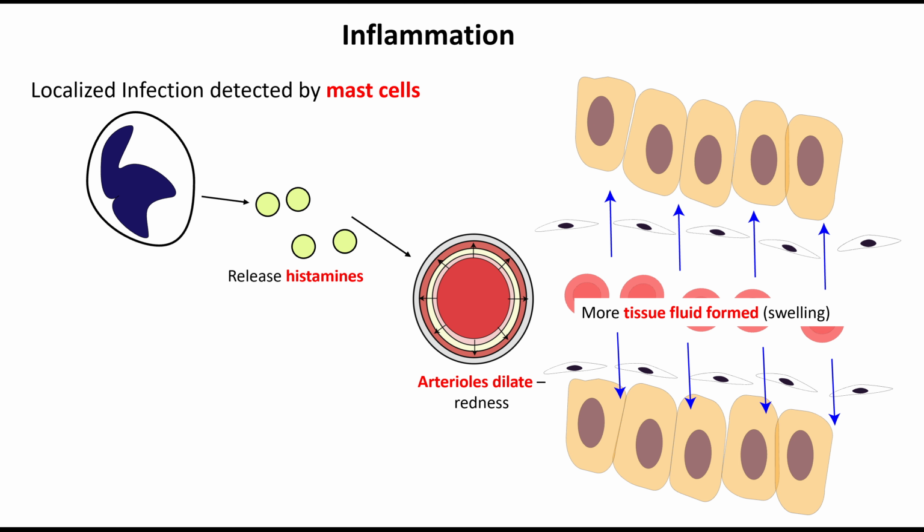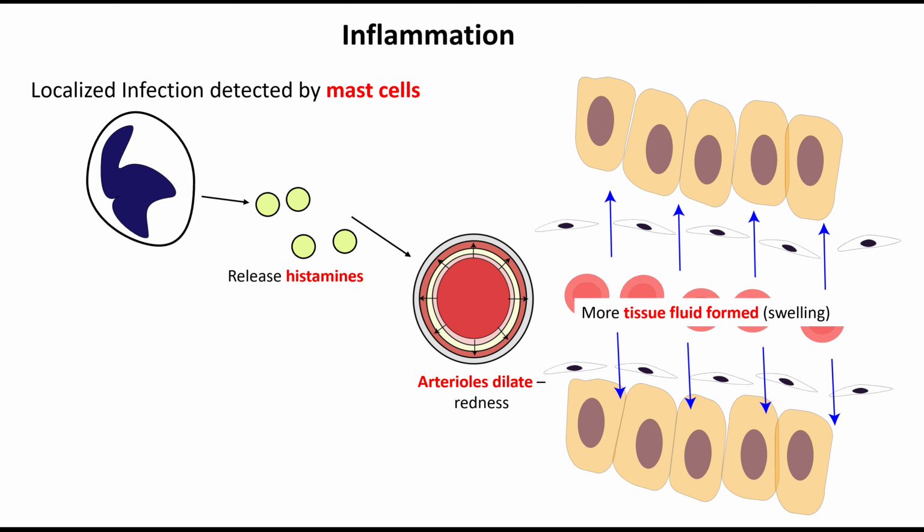Basically, we're flushing the area with as much blood flow as possible, creating more tissue fluid. So the minute it leaves the blood capillary and goes in to bathe the tissue, it has formed tissue fluid. So we are flooding the area with as much fluid as possible to basically barricade it in that area.